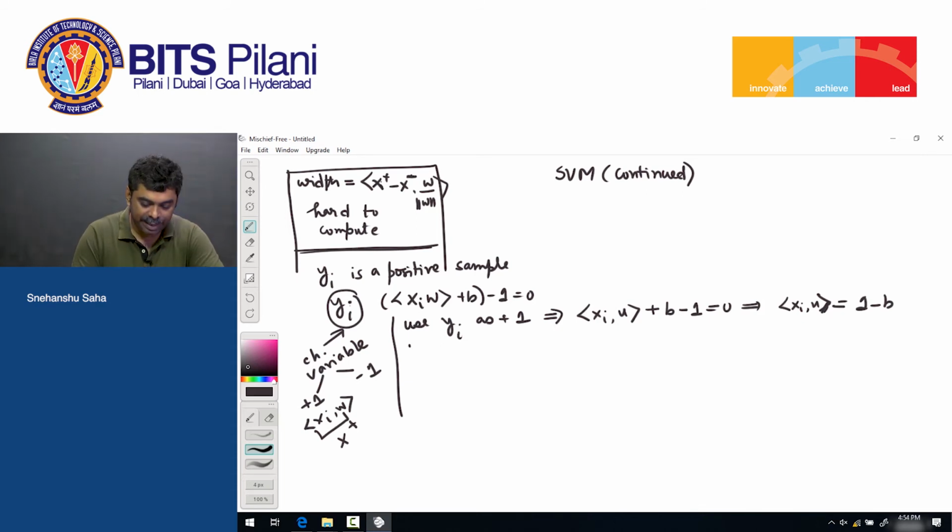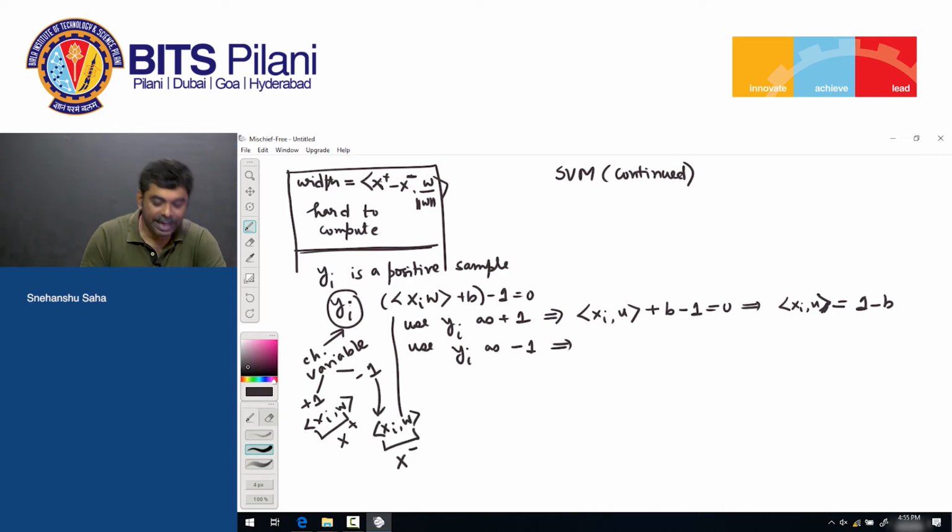Similarly, when you use yi as -1, the same inner product would be a negative training example. So you multiply this by -1, so there is a minus sign in front.